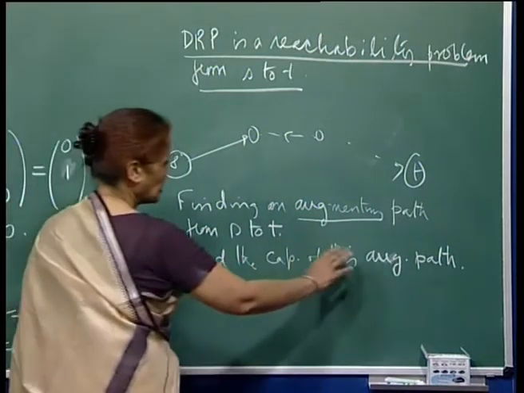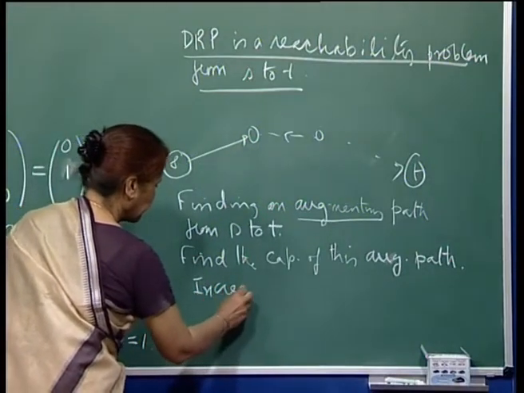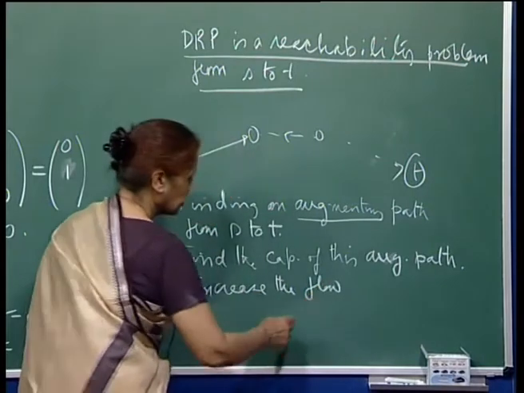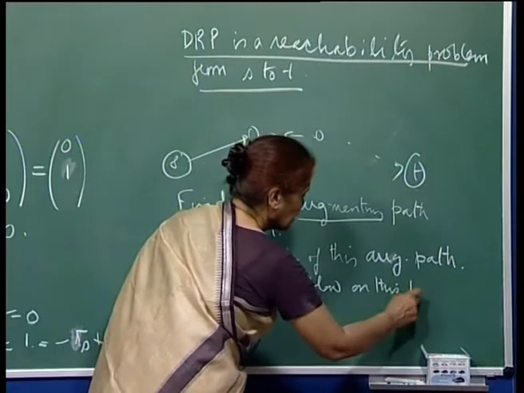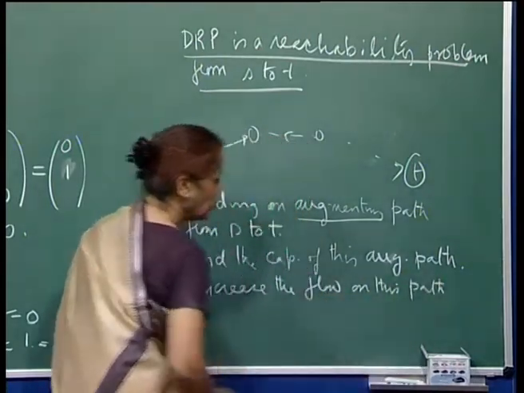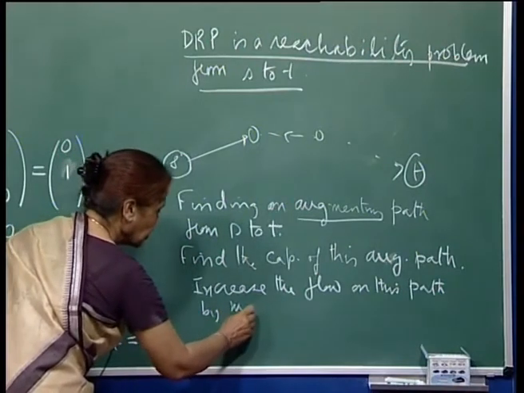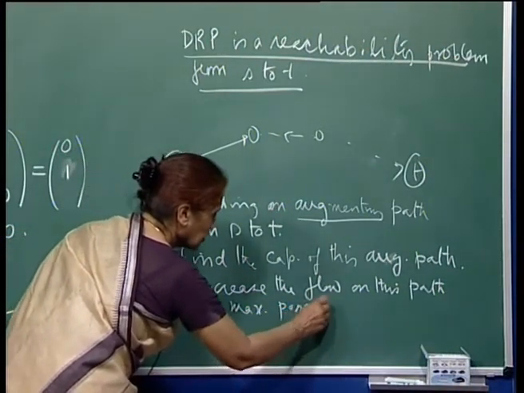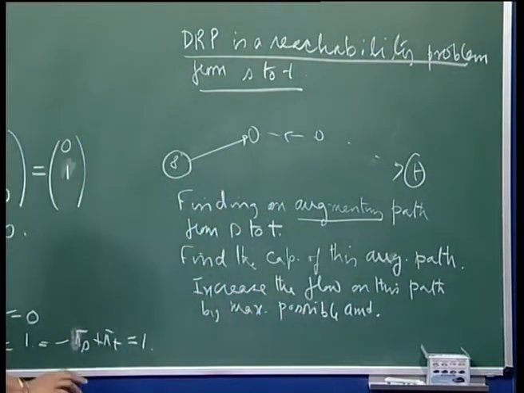So, find the capacity of this augmenting path and increase the flow on this path by that amount, by the maximum possible amount, right.